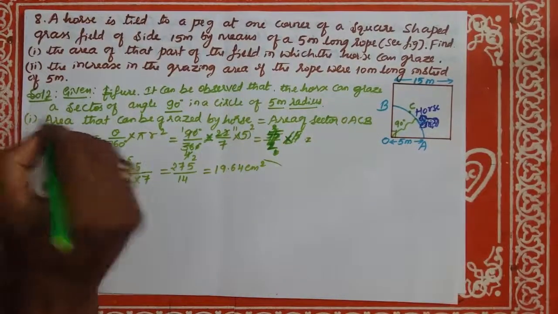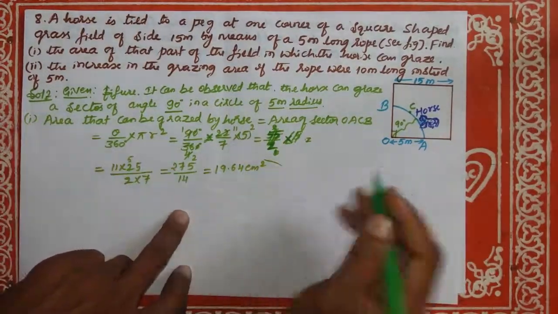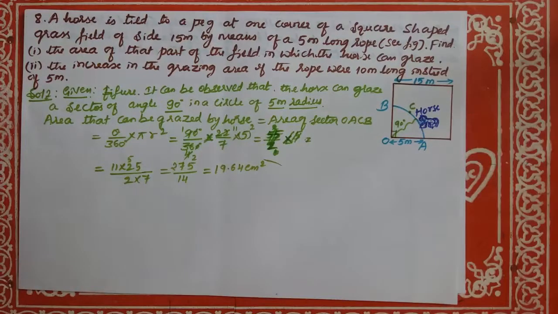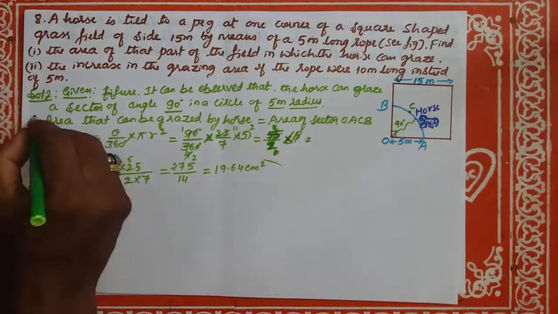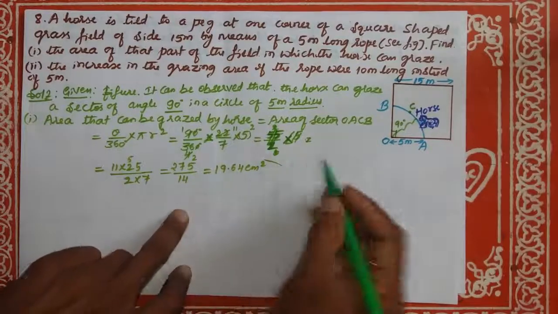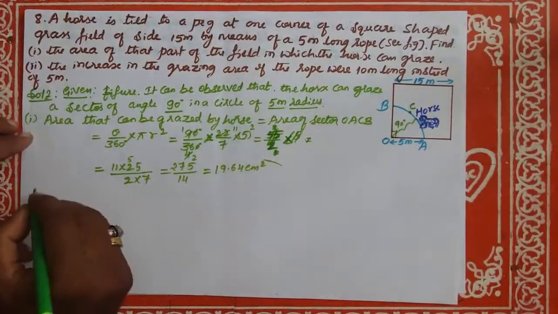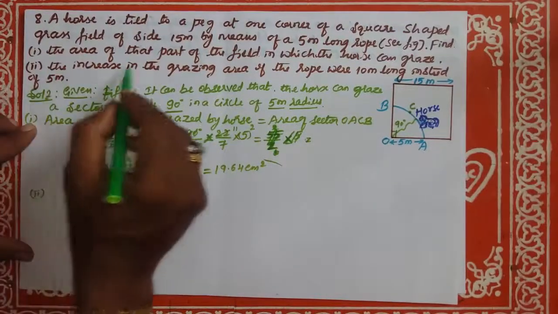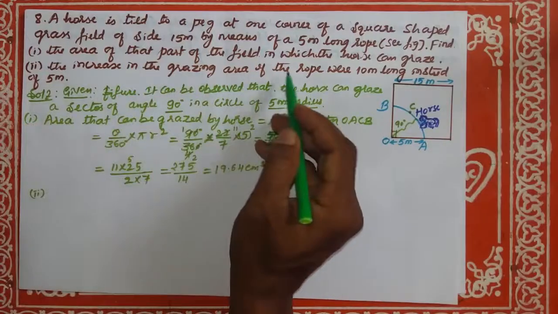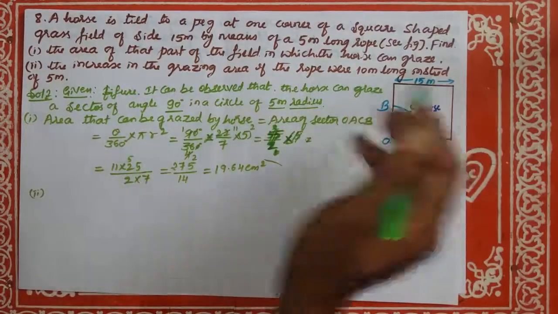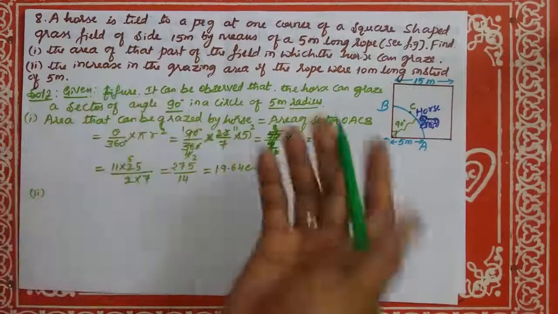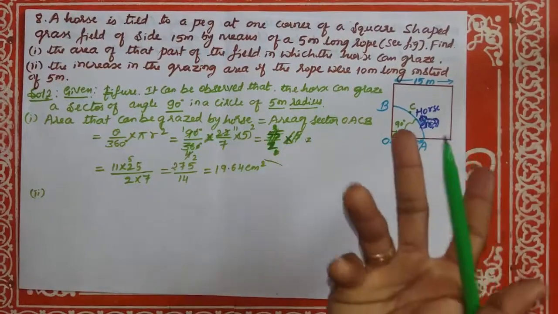Okay, this is 19.64 square meter, not centimeter, they have given meter. Now the second one: the increase in the grazing area if the rope were 10 meter long instead of 5 meters. So simple, we have to take the radius as 10 meter, that's it.